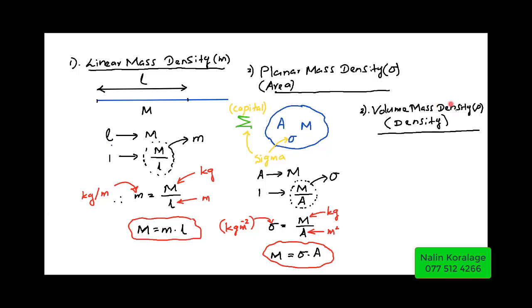Now knowing three types of densities, when we say density, it can be either the linear mass density, or planar mass density, or volume mass density. But when you hear the word density, what comes into your mind is none of the previous ones, not the linear density, not the area density. What comes into your mind is the mass density.